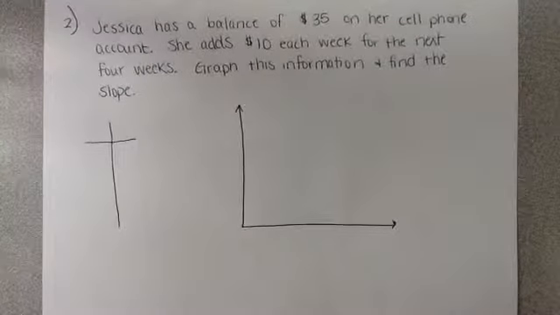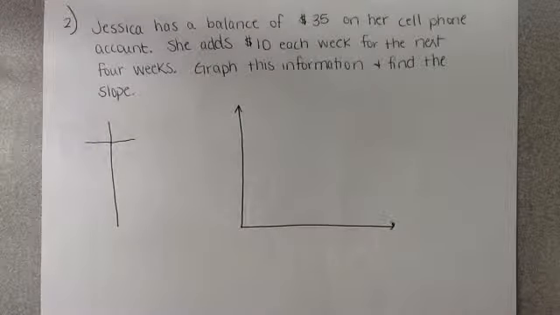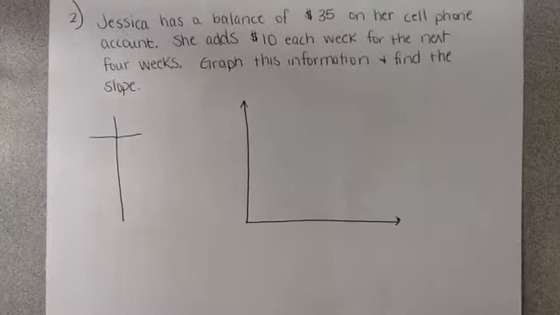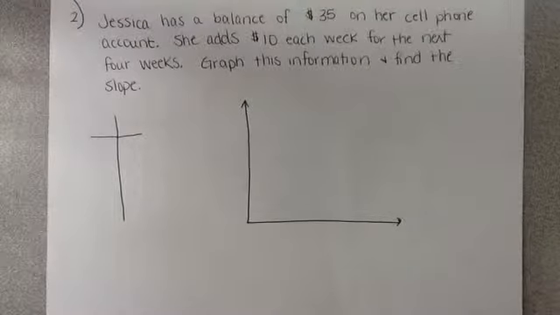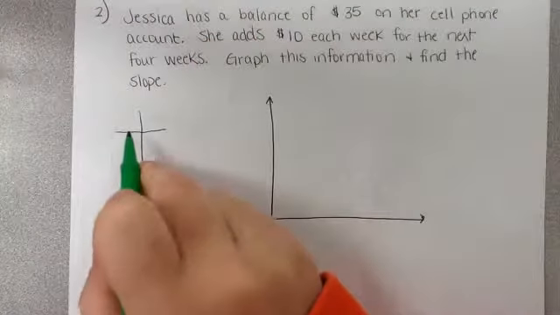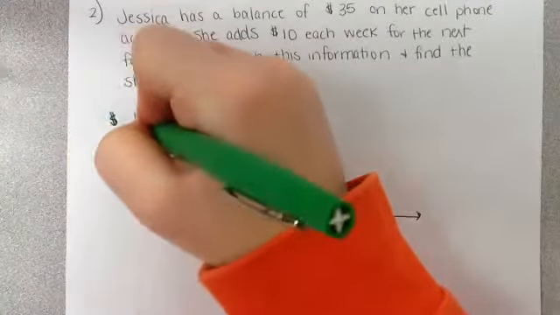Jessica has a balance of $35 on her cell phone account. She adds $10 each week for the next 4 weeks. Graph this information. Okay. All right. So we have what type of units? Dollars and weeks.